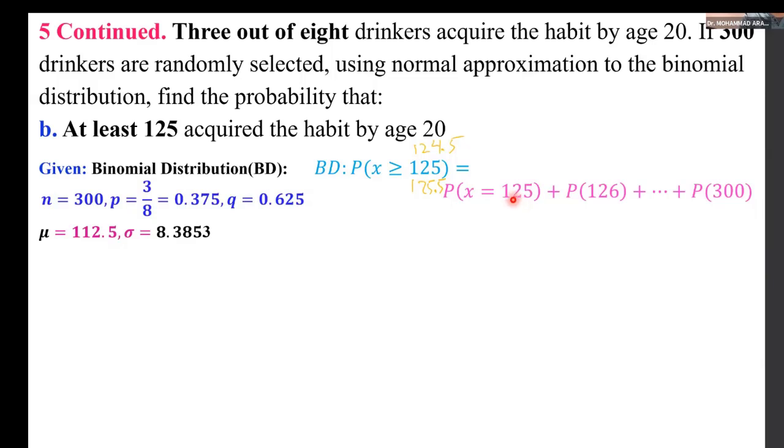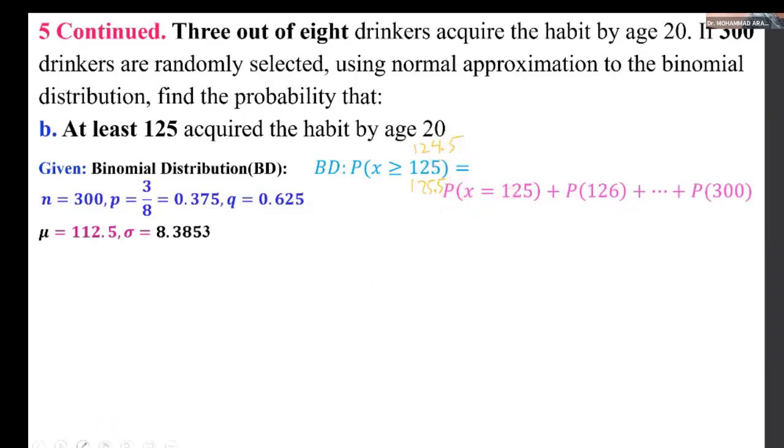That means the first number is 125 discretely, the next one is 126, all the way to n, which is 300. So let's assume we go with 125.5. The first discrete number larger than 125.5 is 126, and we're going to miss that. However, if we go with 124.5, the first discrete number larger than 124.5 is 125. We are in good shape.